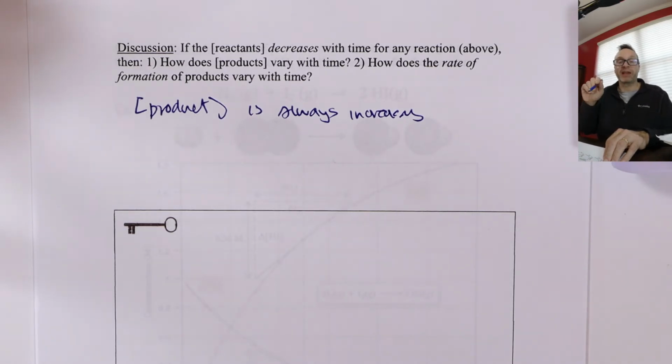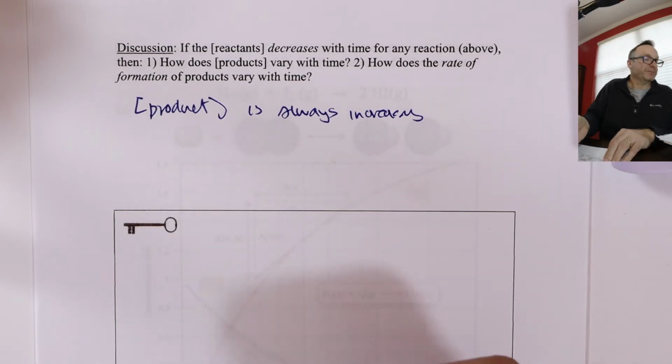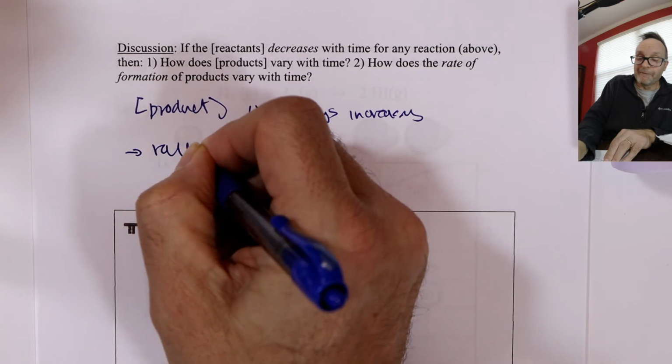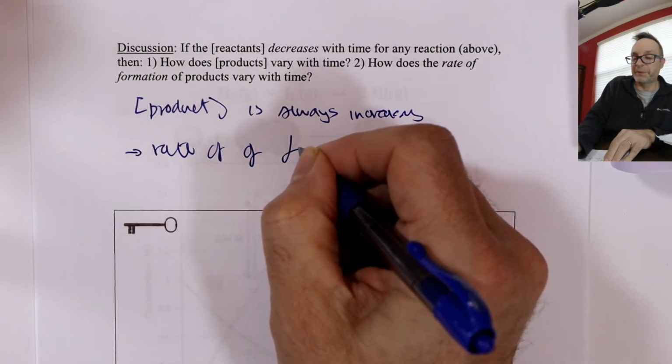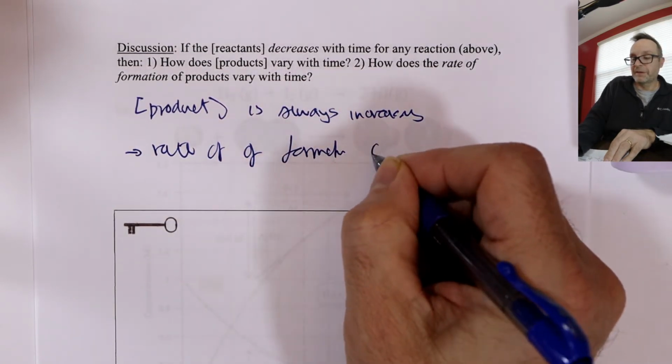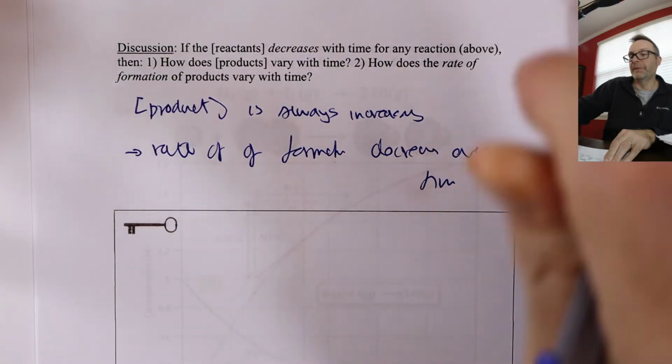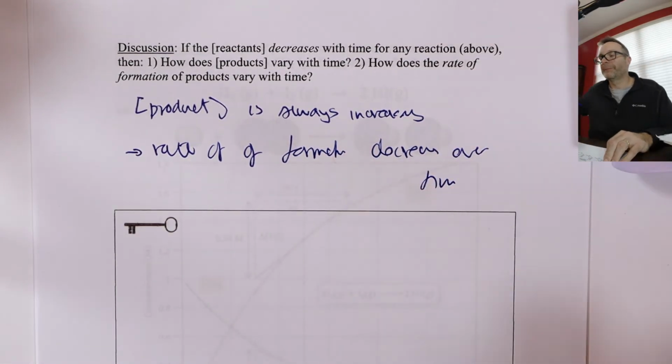It's just the rate of their relative formation and loss is changing over time, right? So the product concentration is always increasing. Rate of formation decreases over time. All right.